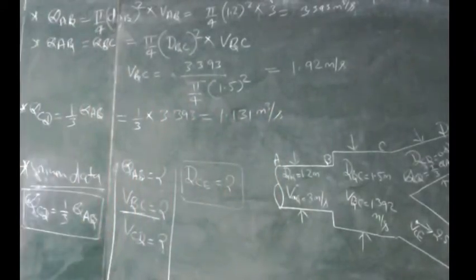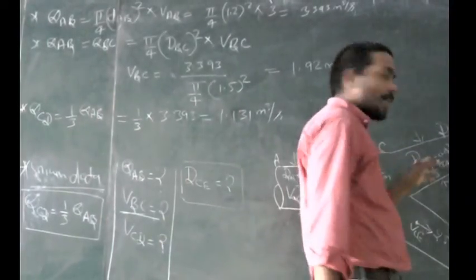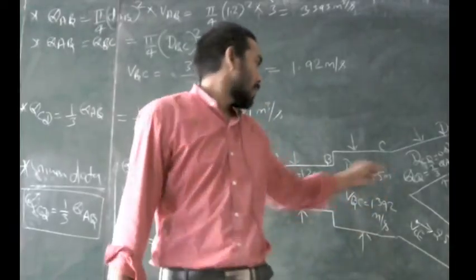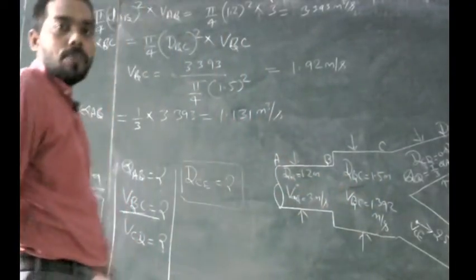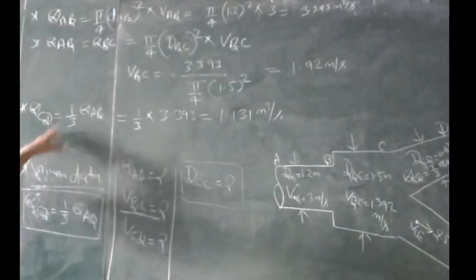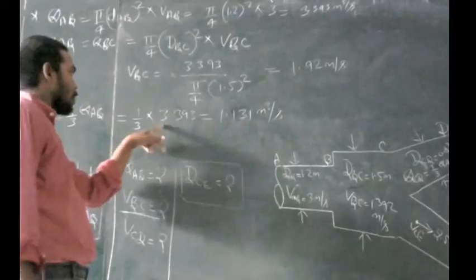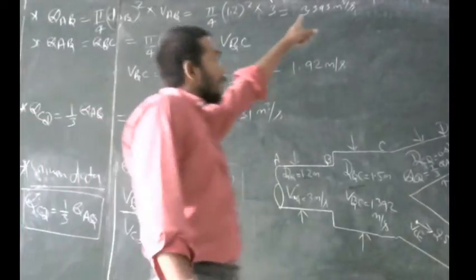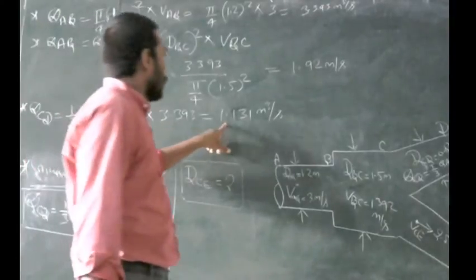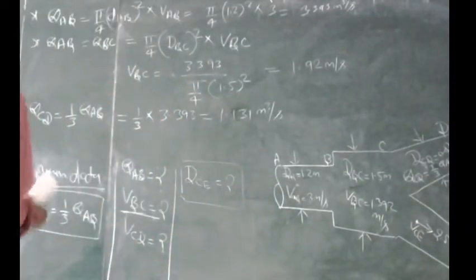Because in this question, discharge through this CD equal to 1/3 discharge of AB. So easily calculated, QCD equal to 1/3 QAB. So 1/3 into 3.393, we know that 3.393 is the discharge of AB. So 1/3 of this is 1.131 meter cube per second. Okay.